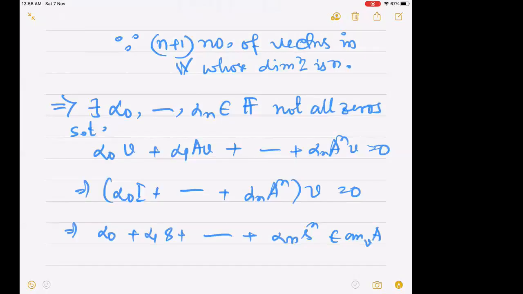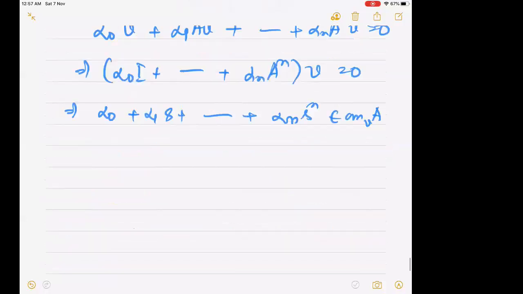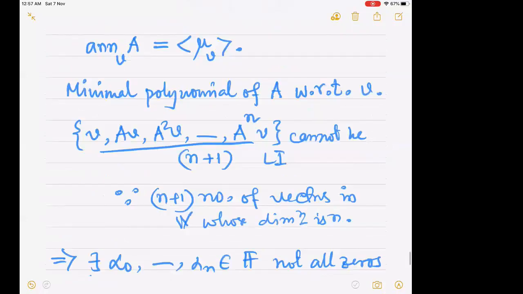Yeah, that's it. So it's a non-zero polynomial which is there in this ideal, and therefore the ideal is also non-trivial. So there is a non-zero generator, mu v.